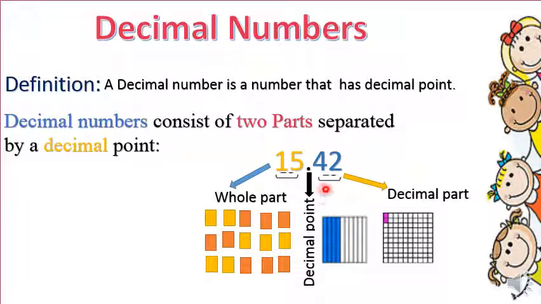It represents 4/10. 2, it represents 2 out of hundreds. So we call it 2/100th. As you can see here, the decimal part represents a very small amount. They are a part of a whole, which is less than 1.